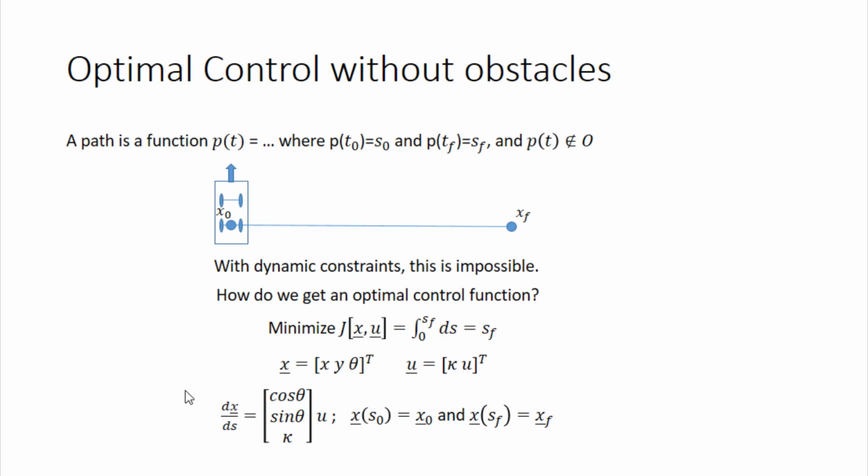And then we have U bar, which is the control vector to send to the robot. So here we have U bar equals kappa and U. U without the bar is just the speed, like the linear speed of the robot, and kappa is going to be the steering angle of the robot.